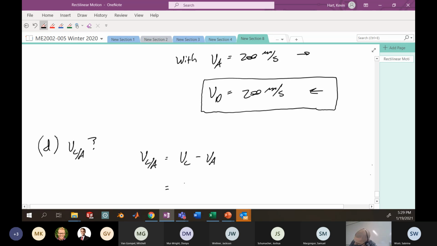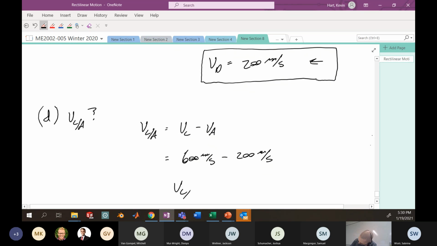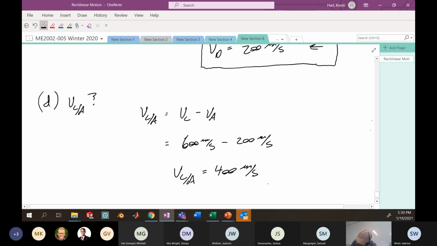Velocity of C was moving 600 millimeters per second to the right. And velocity of A was acting 200 millimeters per second to the right, so we're going to subtract 200 millimeters per second. And we'll have that the velocity of C relative to A is 400 millimeters per second.